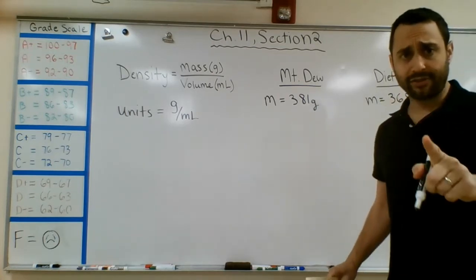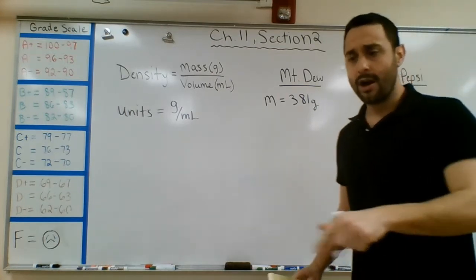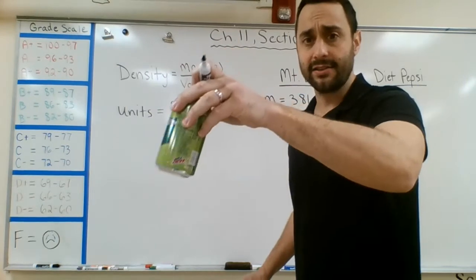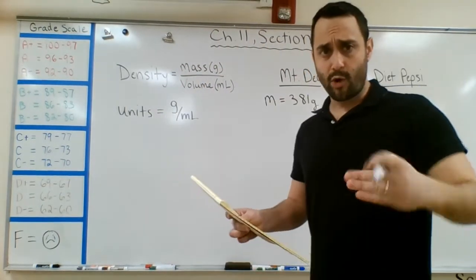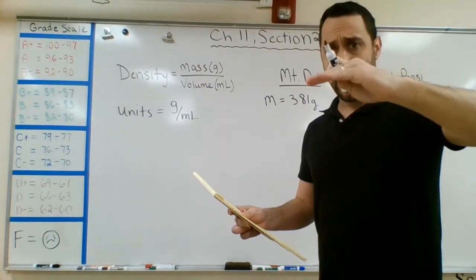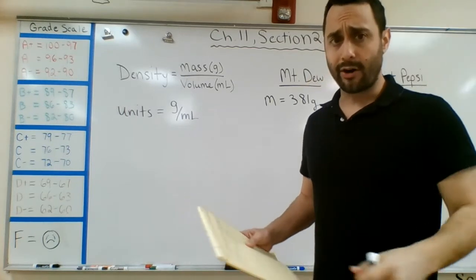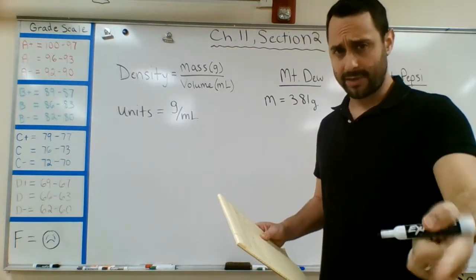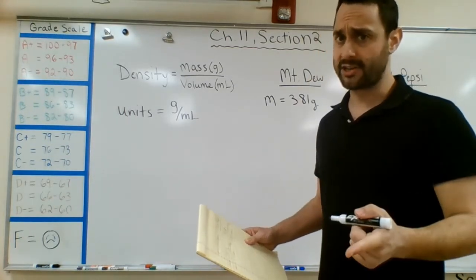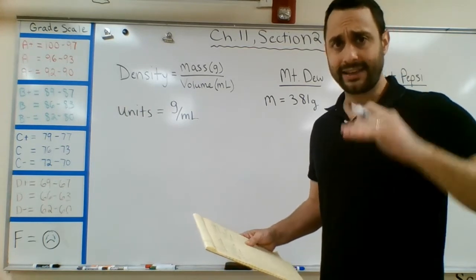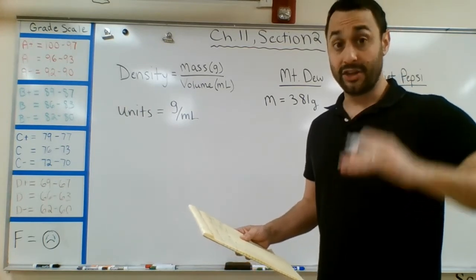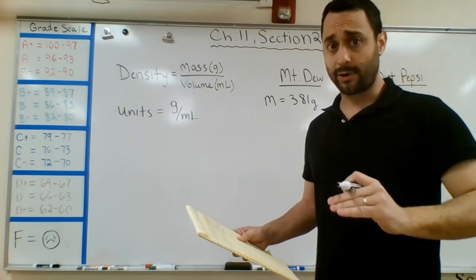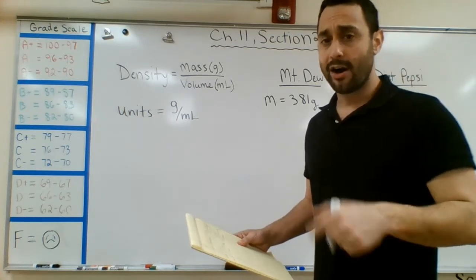Now I found the volume of both of these cans by putting them in some water and watching that water level rise. Remember, we call that displacement. That's something we're going to talk about a little bit later on when we get to Archimedes' principle. By subtracting the old water level from the new water level, I was able to find the volume of both these cans.